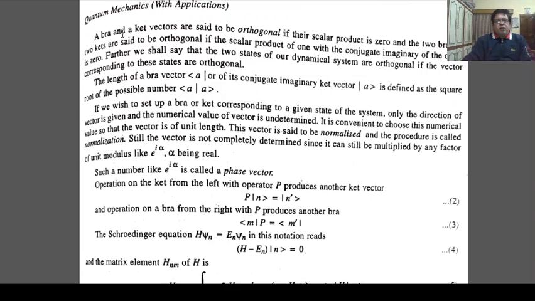Bra and ket vectors are said to be orthogonal if their scalar product is 0.